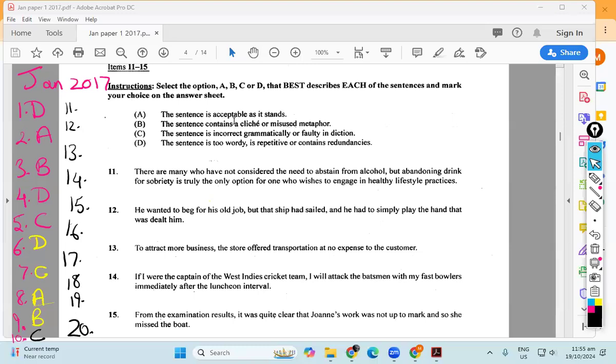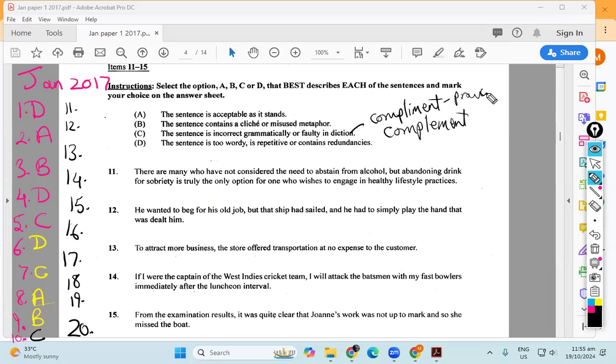So A, if it is good, A is no error. B, if it has a cliche or a misused metaphor. C, if the sentence is incorrect grammatically, so there's a grammar mistake or a diction mistake. So they use the wrong word, right? Like they use compliments. Just now we met compliments, or that is the word that they want, but they use the other complement.